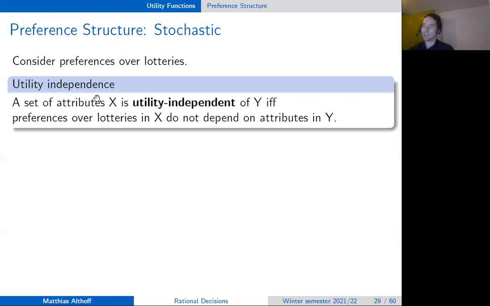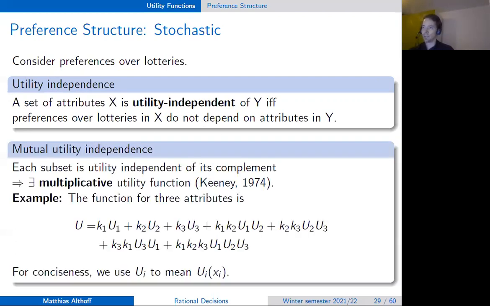Again, we use independence, and we use something called utility independence. So a set of attributes X is utility independent of Y if and only if preferences over lotteries in X do not depend on attributes in Y. So it's similar, but now we're talking, as I said, about lotteries. And again, we can obtain this mutual utility independence.